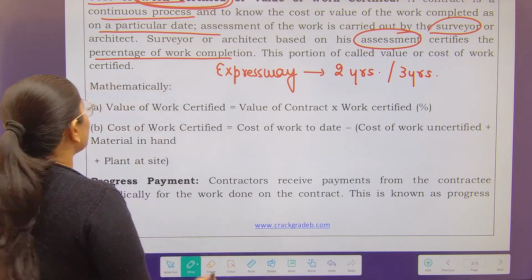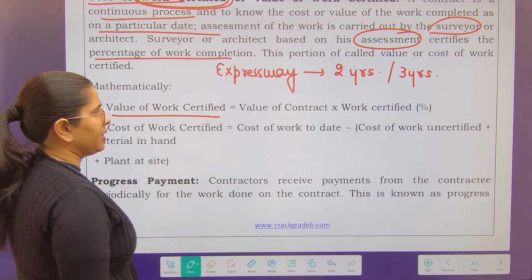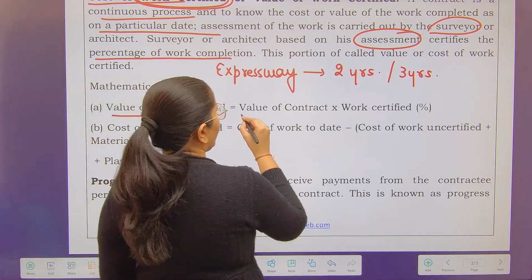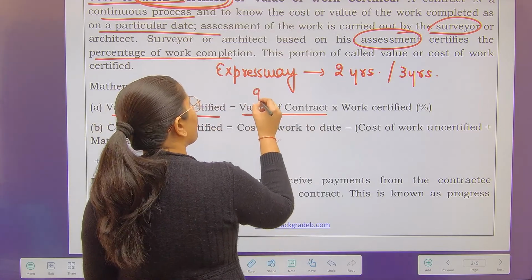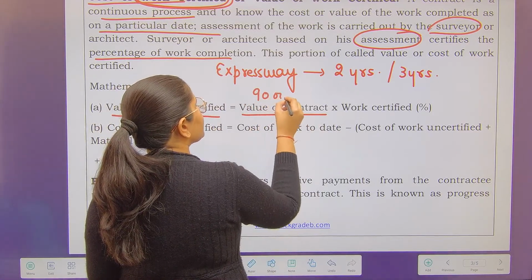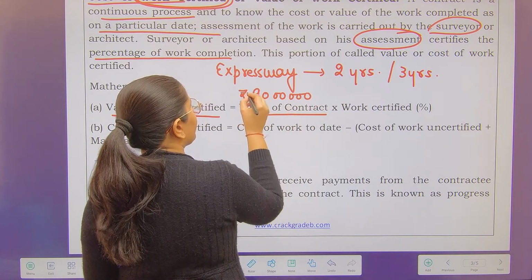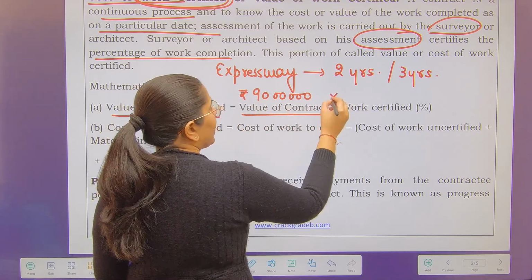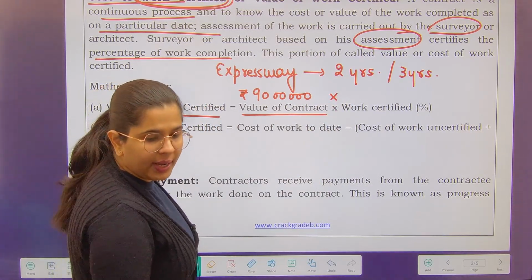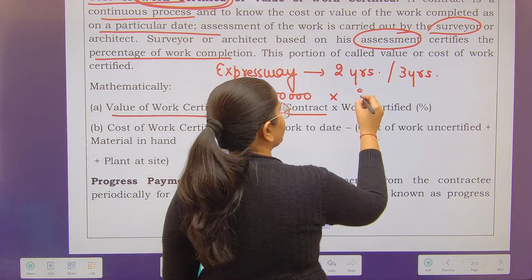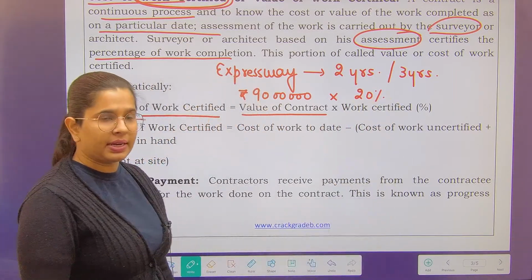See over here. So how will you find out the value of work certified? This is found by multiplying the value of contract. Suppose 90 lakhs is the value of contract. I will be receiving 90 lakh rupees multiplied by 20%, as the surveyor has given the report that 20% of the work has been completed.